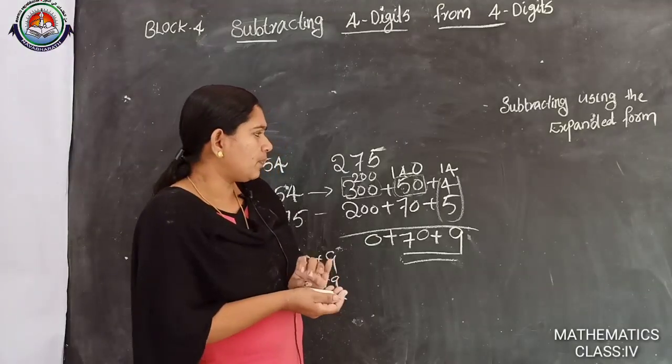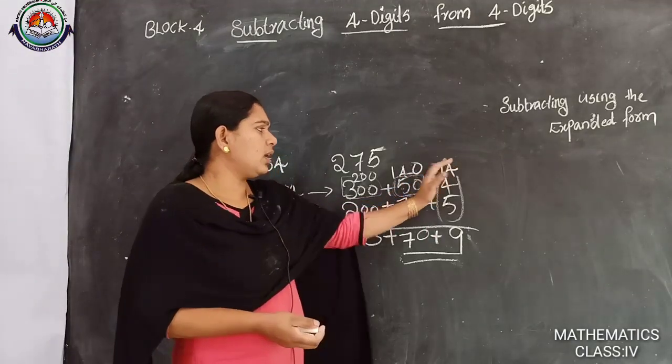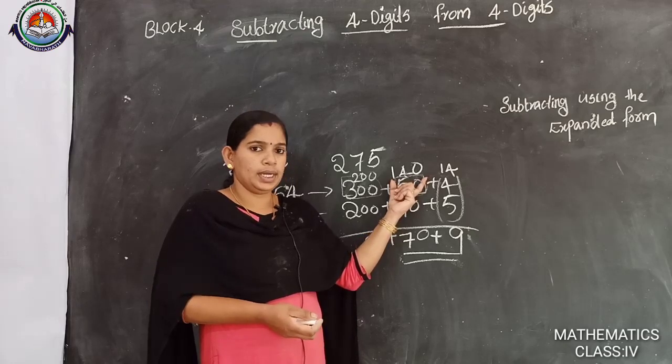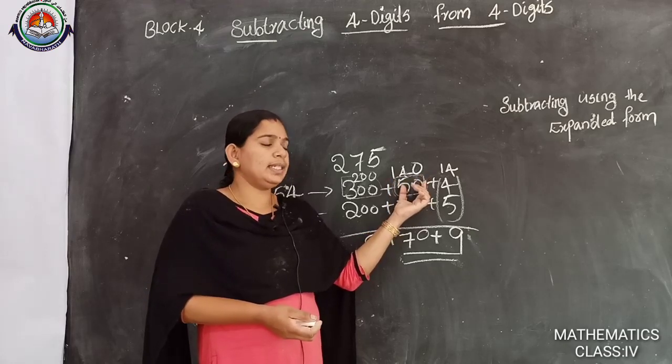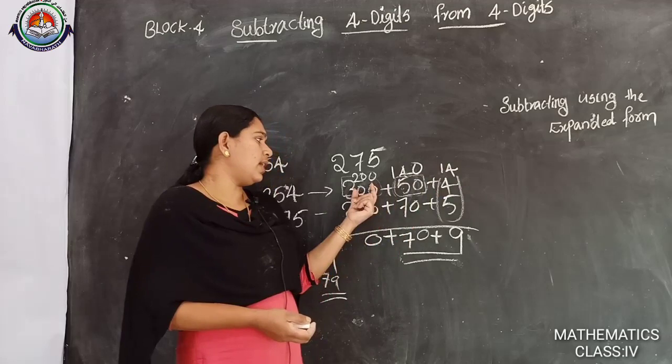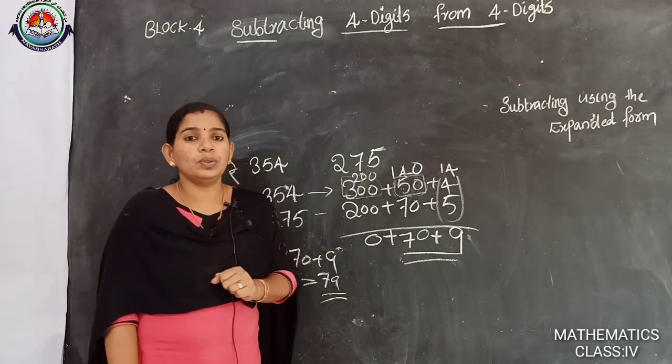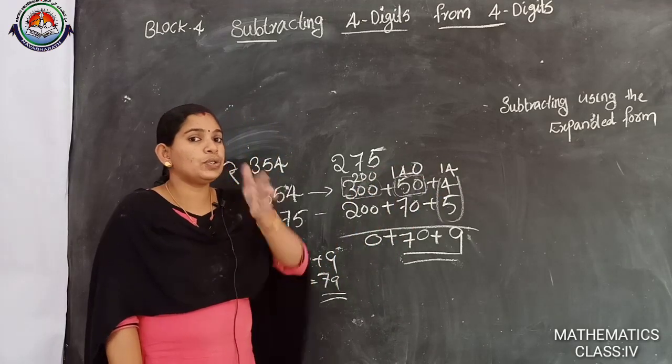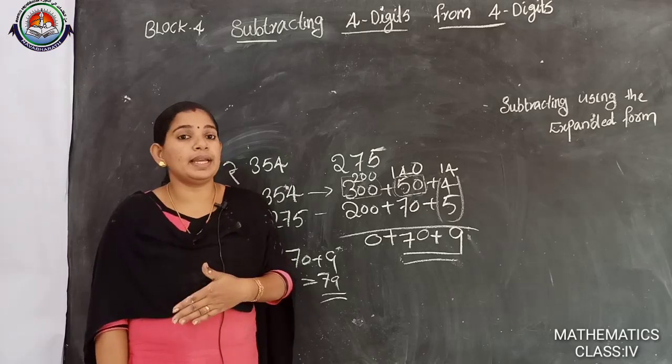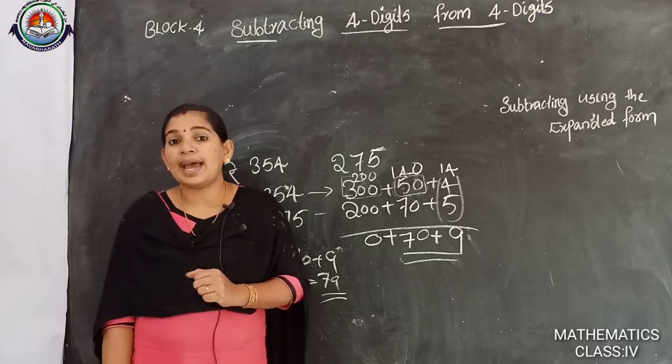So you just look. Here we are taking 10 to the ones place. Here we are taking 100 to the tens place. So today's topic is regrouping tens and hundreds.